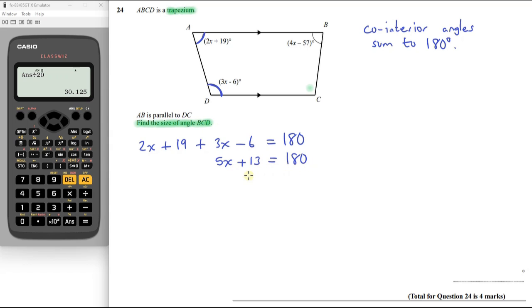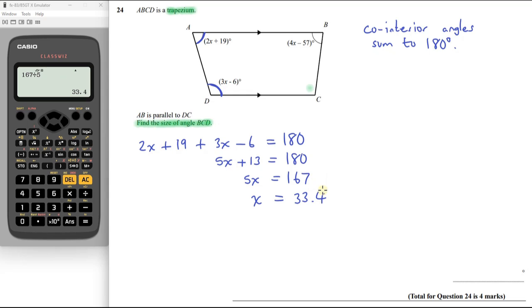If we subtract 13 from both sides, we get 5x is equal to 167. Then if we divide both sides by 5, 167 divided by 5, converted into a decimal, is 33.4. So now we know the value for x, we can substitute that into our expressions.